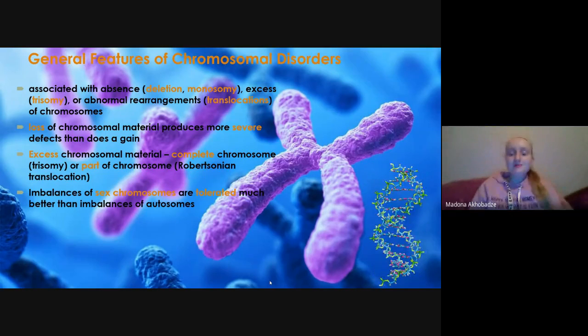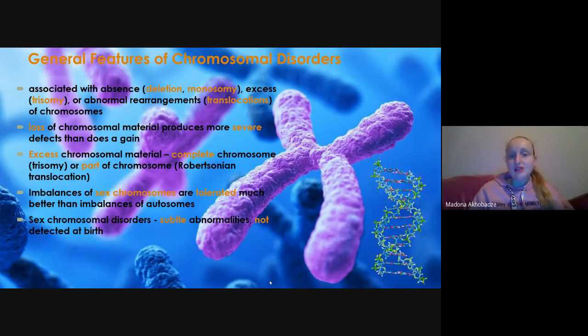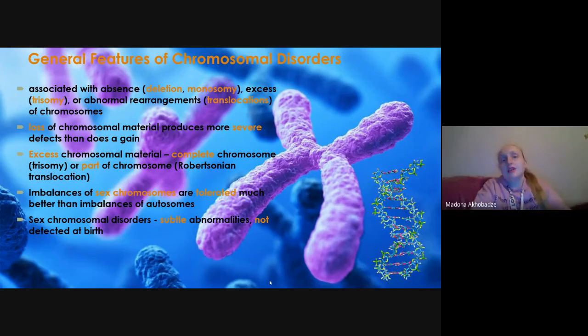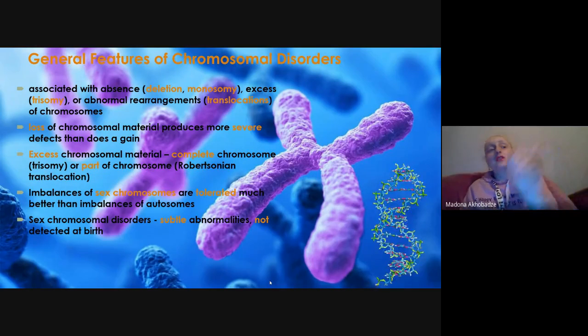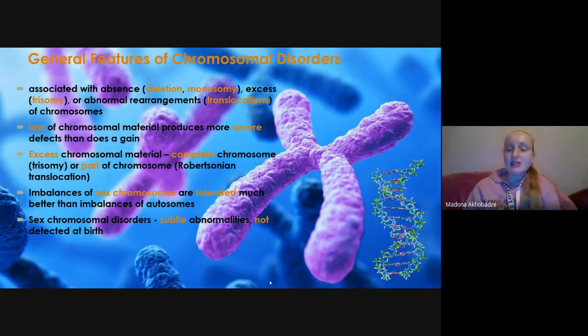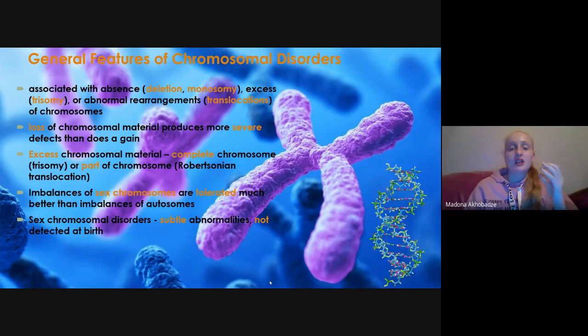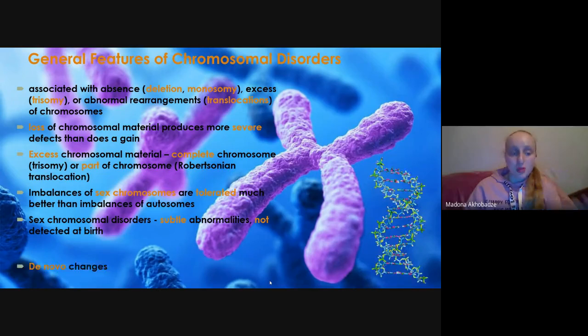The sex chromosome disorders are subtle abnormalities and are not detected at the time of birth, but some disorders like Down syndrome are easily detectable with clinical features even at the time of birth.